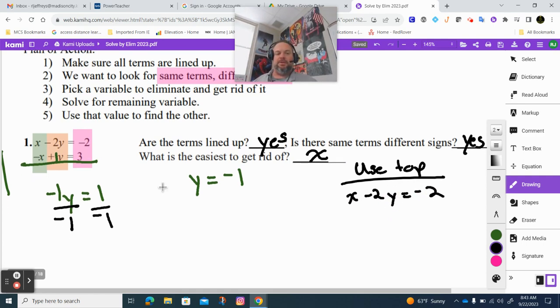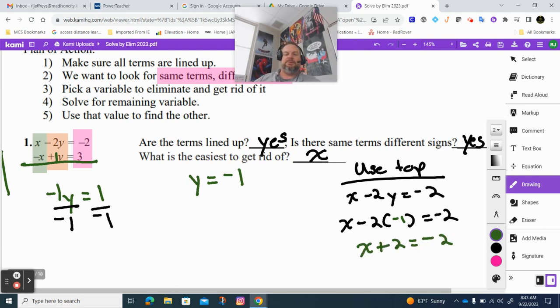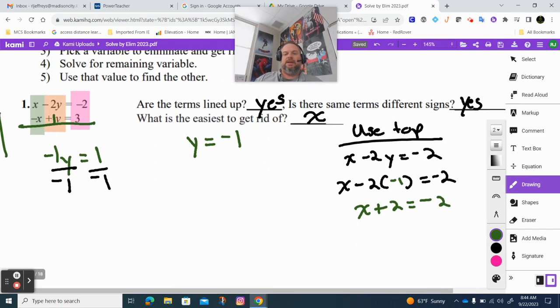All right. We're going to plug in for y, which is -1. This is going to be x plus 2 equals -2. And then remember to solve this, you subtract, and we get x equals -4.